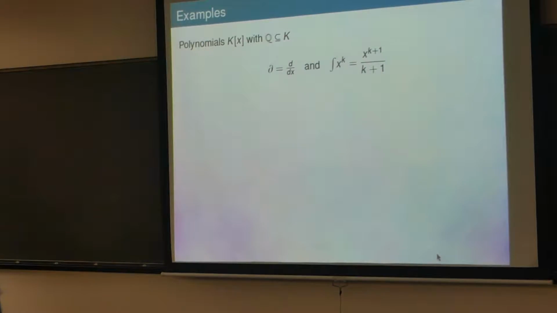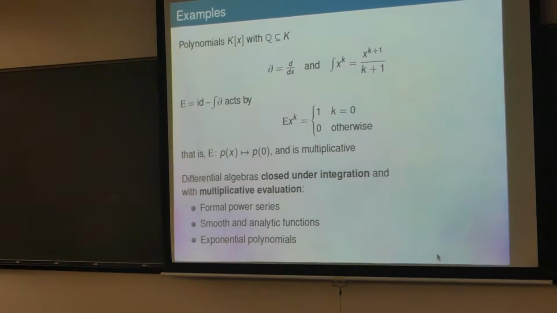So the simplest possible example is, of course, the polynomials as an integral differential algebra with the usual derivation and the usual integration, in a field of characteristic 0. Of course, then the evaluation that we defined before, here now it's really an evaluation, it just evaluates the polynomial at 0. You might ask yourself, are there others?